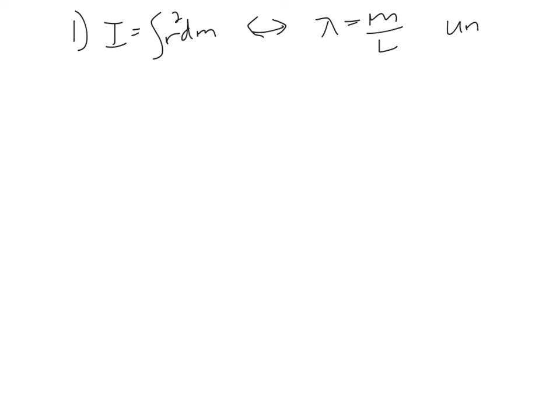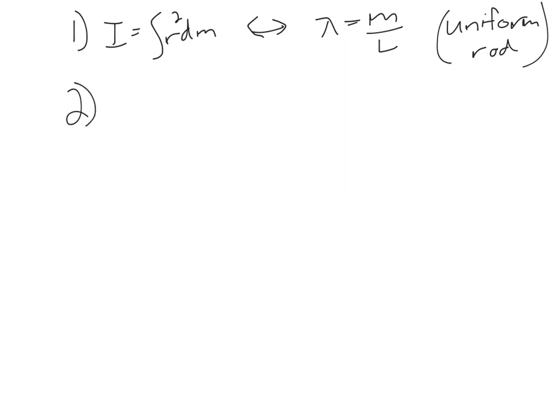So the three things that you need to remember about rotational inertia is: one, using the integration, and the fact that you have to combine this with lambda equals m over L for a uniform object, uniform rod. Again, you need to be able to know how to do that.